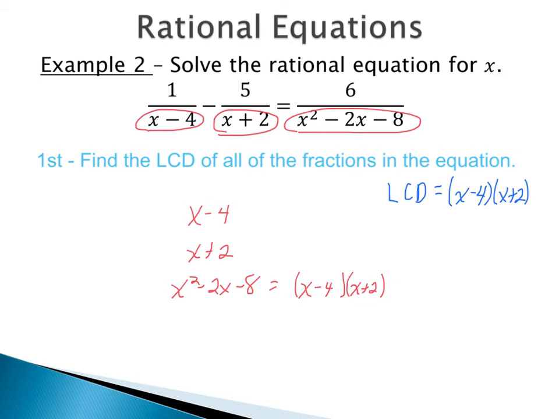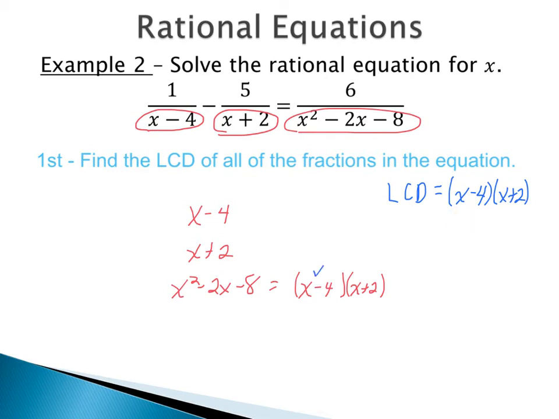Okay, so right now my lowest common denominator consists of my first denominator, x minus 4, times my second denominator, x plus 2. Now looking at the last factored denominator, we have two parts. Individually, we want to go over our lowest common denominator and see if we have each factor. In my first part of my factored x minus 4, x plus 2, that came from x squared minus 2x minus 8, I would say, okay, do I have an x minus 4 already in my lowest common denominator? I do, so this is already taken care of.